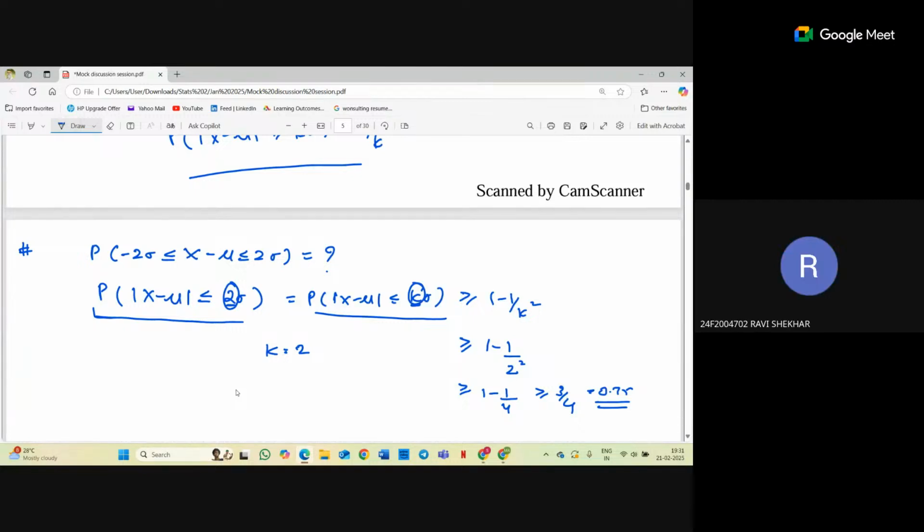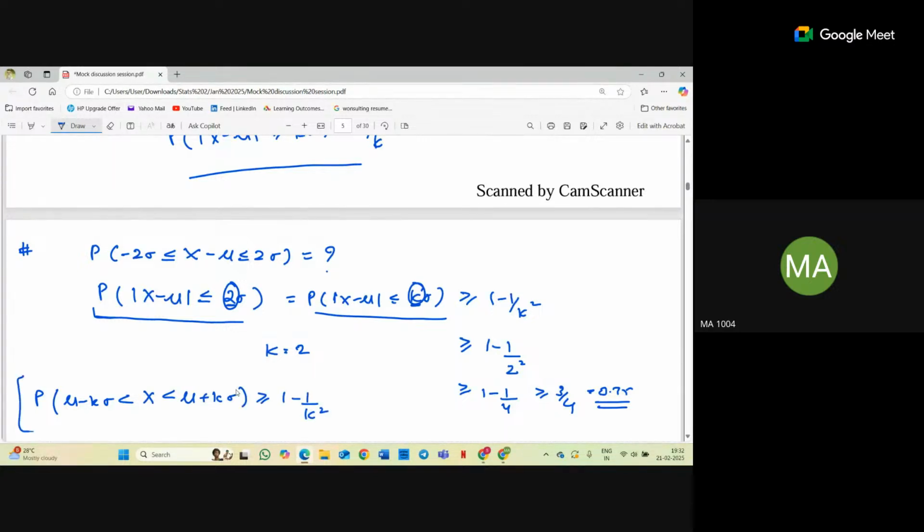Ma'am, actually, the way you converted that initial expression to the Chebyshev form, I'm not getting it that way. I'm actually getting the lower bound, I think. See, if you remember, one more form was there: probability of mu minus k sigma less than or equal to x less than or equal to mu plus k sigma is greater than 1 minus 1 by k.